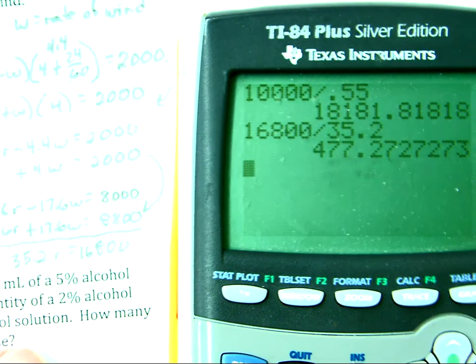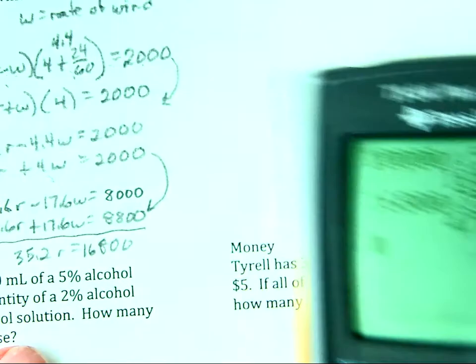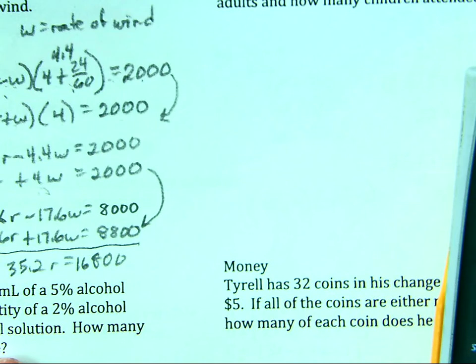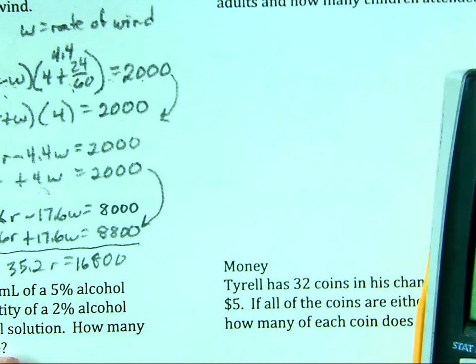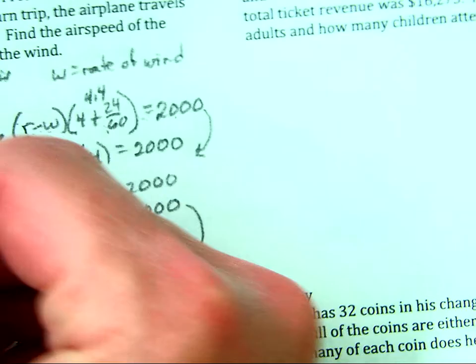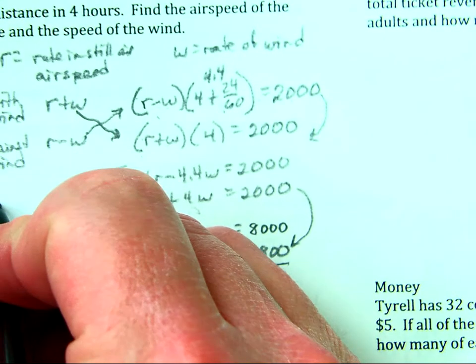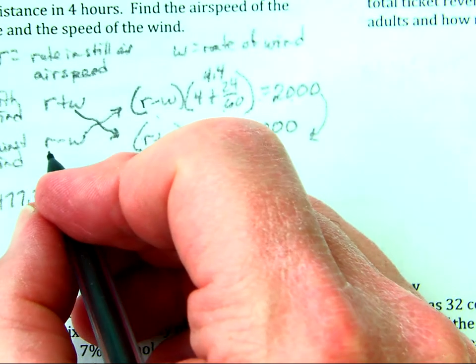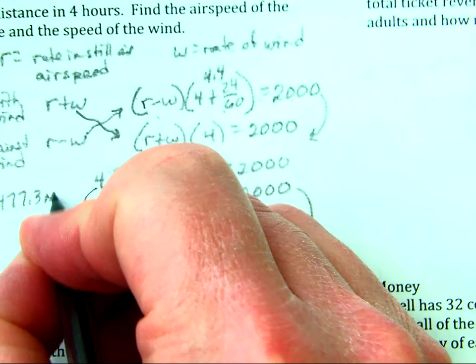I get 477.27. So let's say we round that off to 477.3. So R equals 477.3 miles per hour.